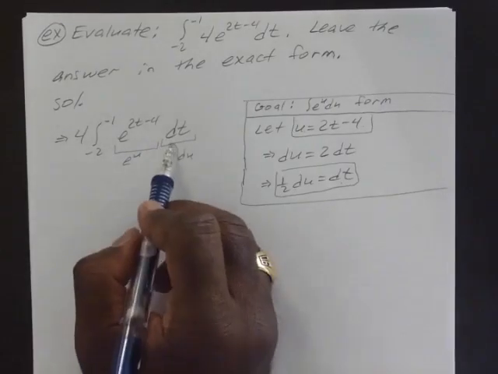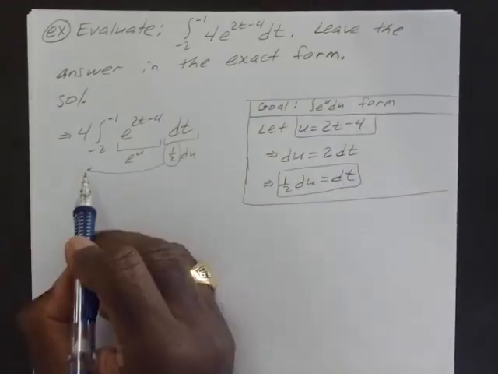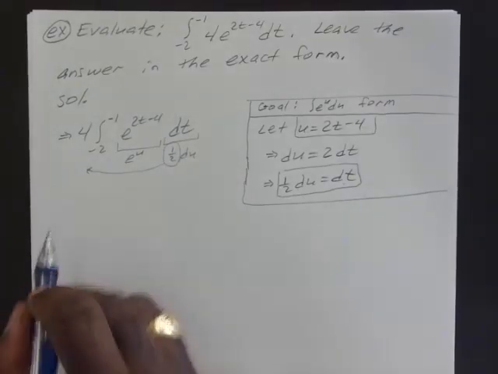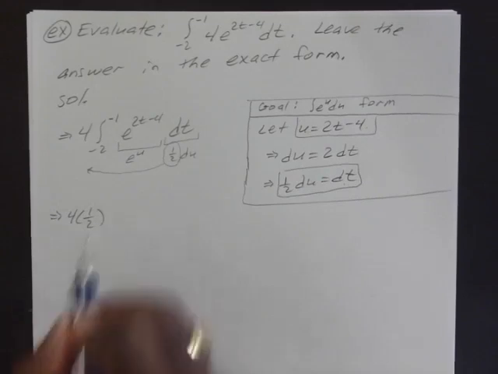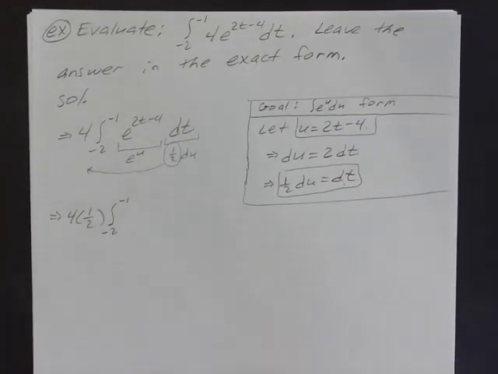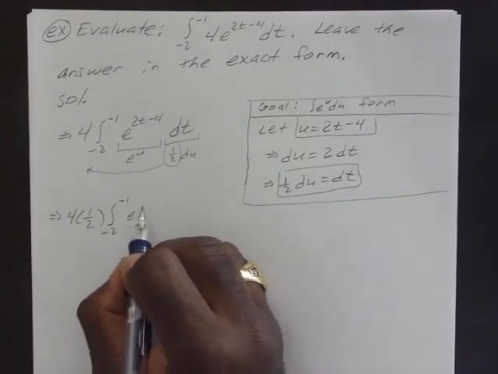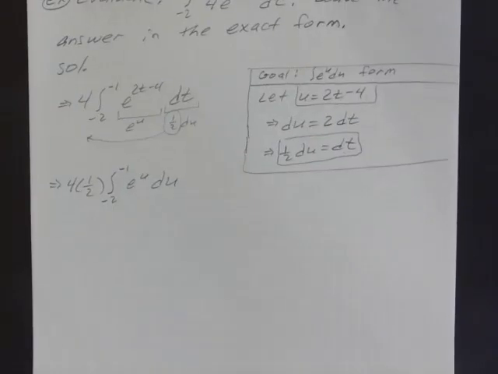So if we take that 1/2 and factor it out to the front, then that will give us 4 times 1/2 times the integral from -2 to -1 of e to the power of u du. Okay.